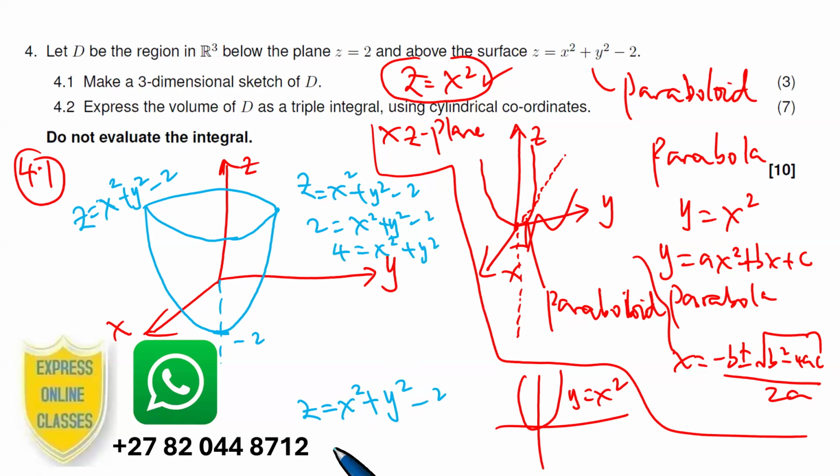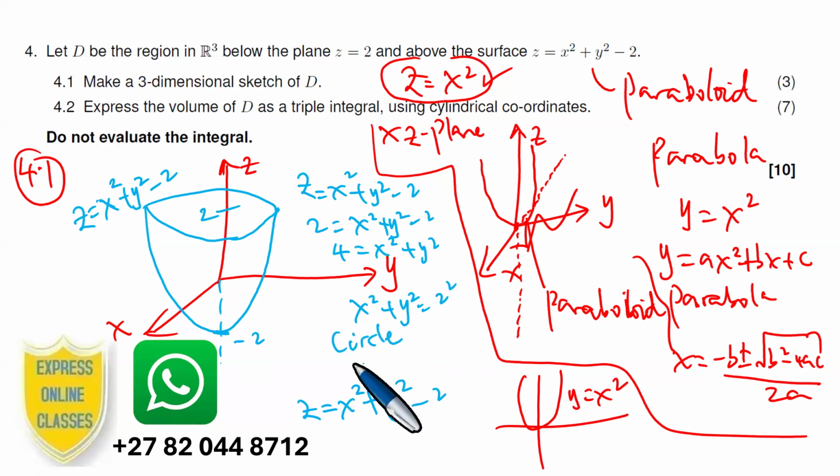Okay. And this means that there is another curve, x squared plus y squared equals 2 squared. So whenever Z is 2, this thing becomes a circle, because x squared plus y squared is equal to 2 squared. It's a circle.